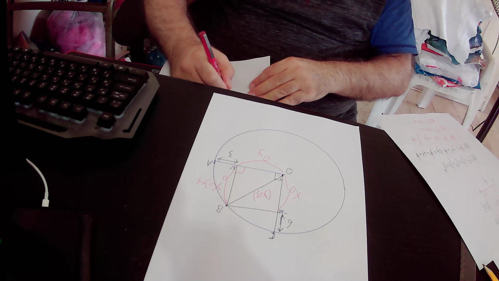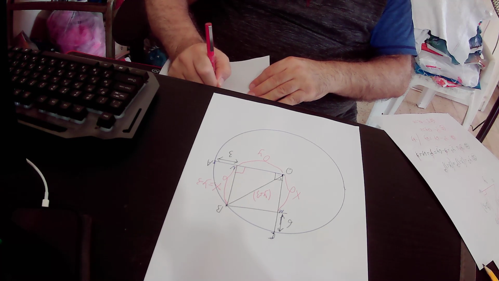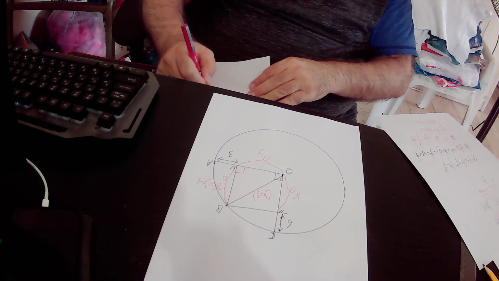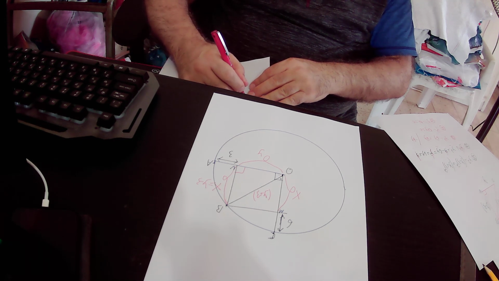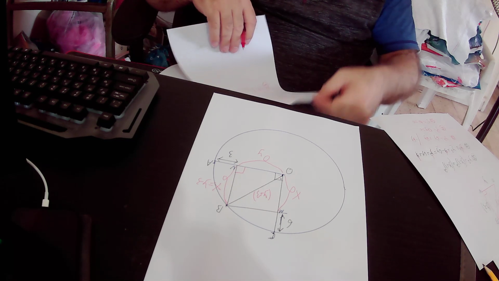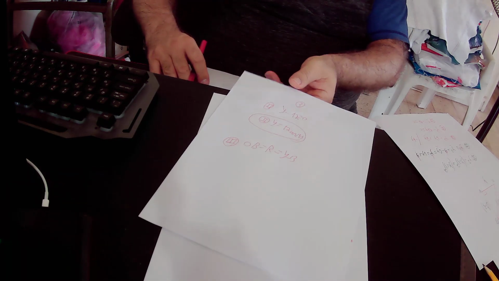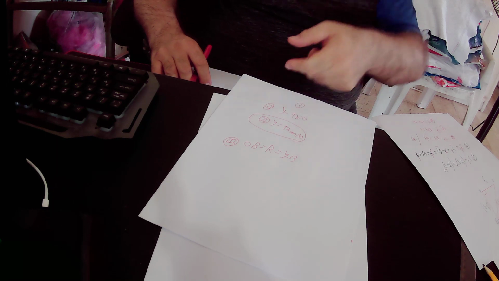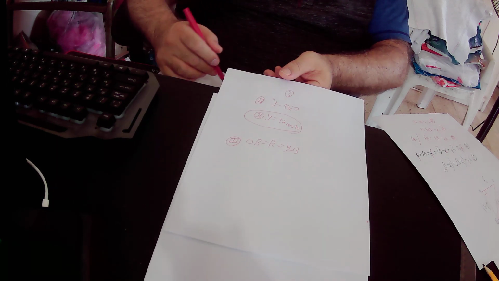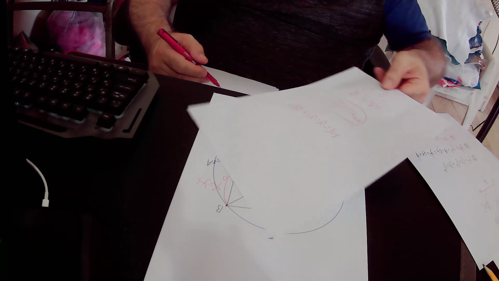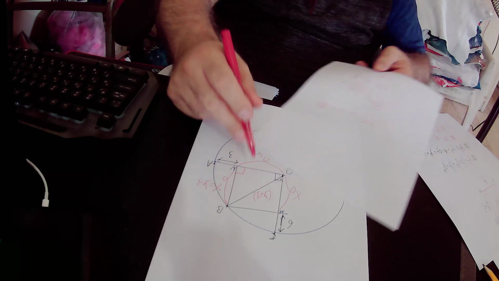OB is the radius of the circle, and OB equals to y plus 3.